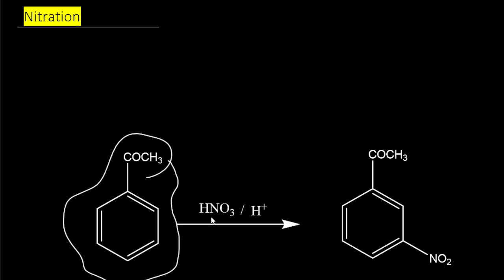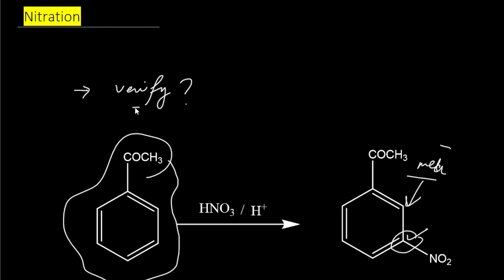When we react acetophenone with nitric acid, nitration occurs at the meta position. This is a meta position. So conventionally nitration always occurs at the meta position, but how to verify that the meta position is nitrated? We can answer this by using NMR spectroscopy.